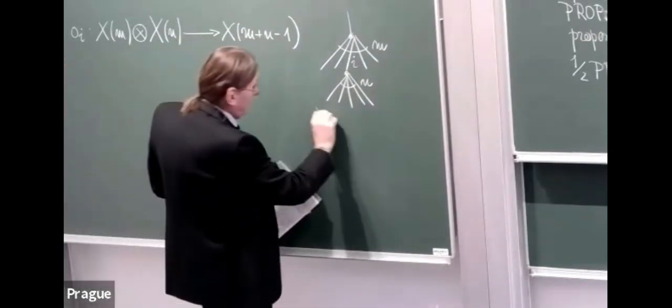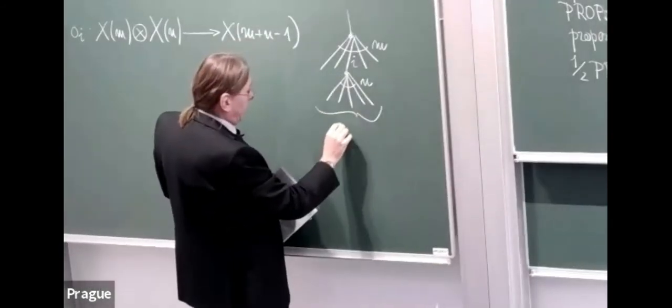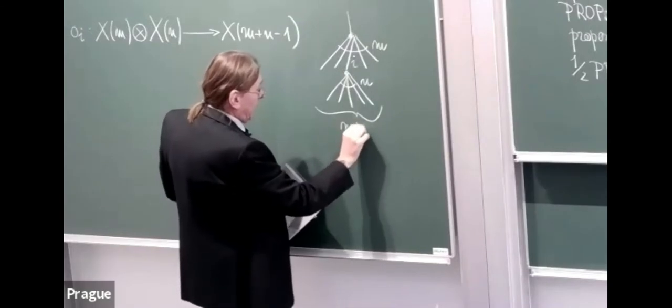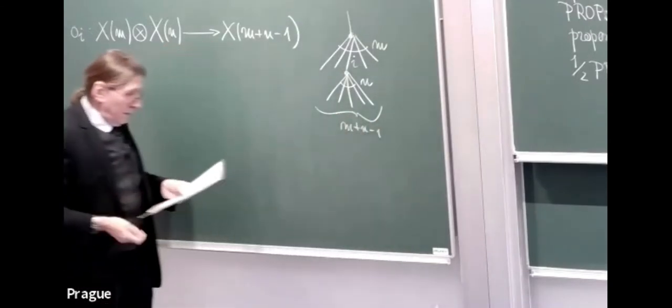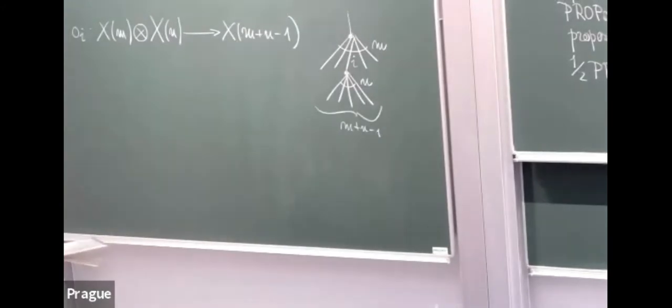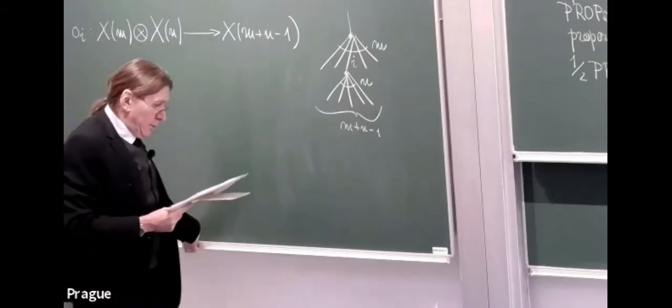Of course the total number of inputs is m plus n minus 1. Some associativity and unitarity must be satisfied, but again, I'm not going to specify it.